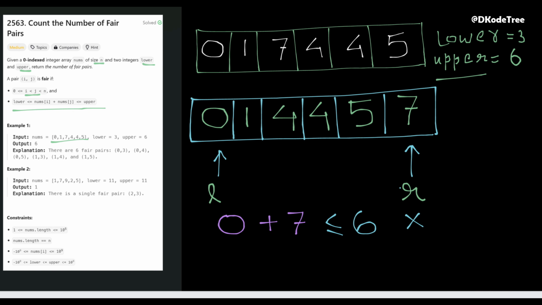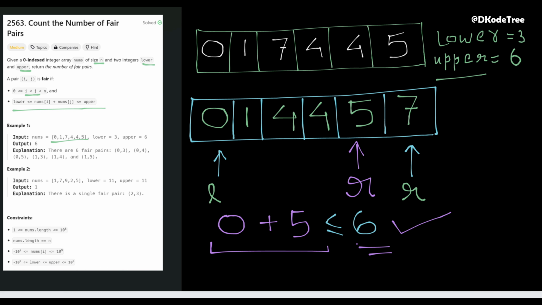So we have to move the right pointer to the left, that is, decrement it. Now let's check if 0 plus 5 is less than or equal to 6 or not. And this actually satisfies. This implies that any number less than 5 will also satisfy this condition.